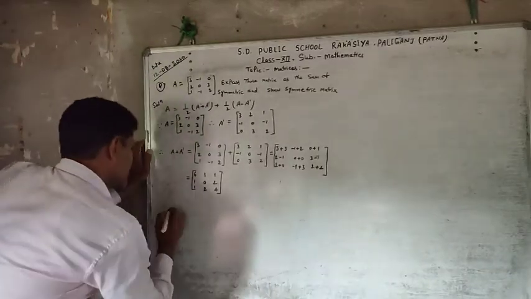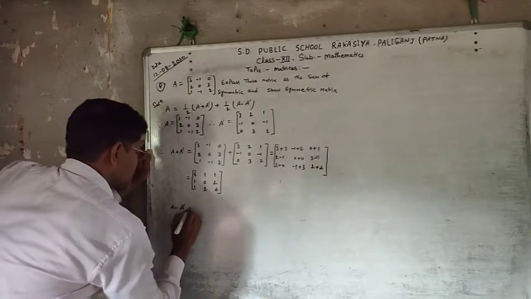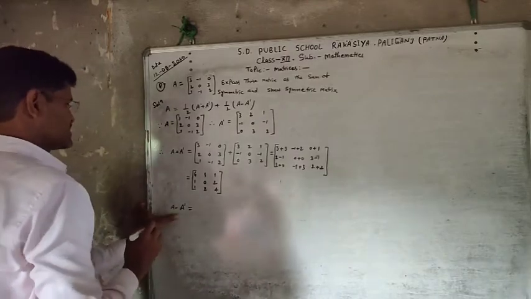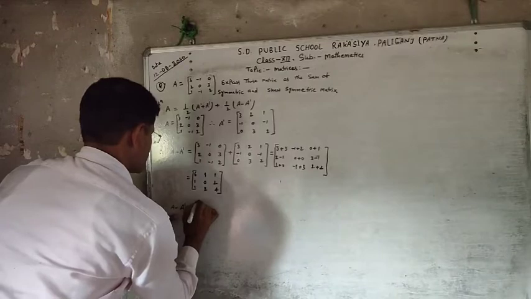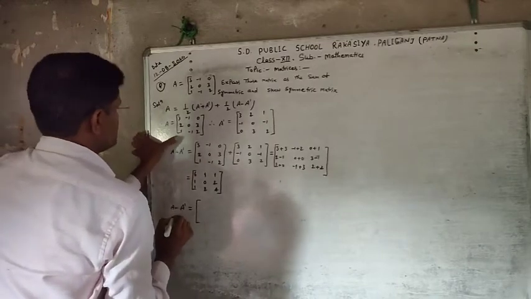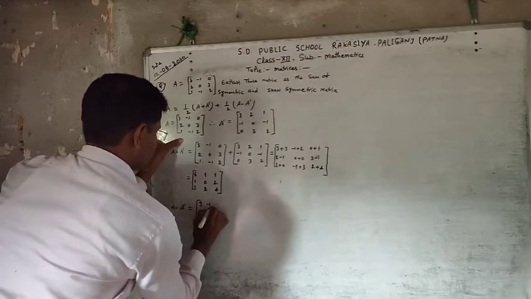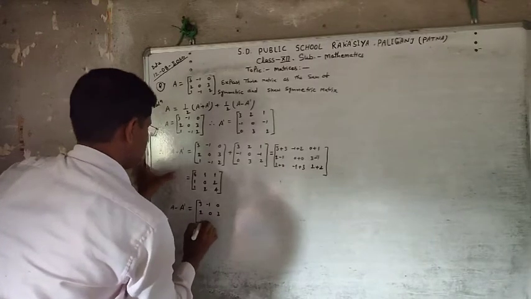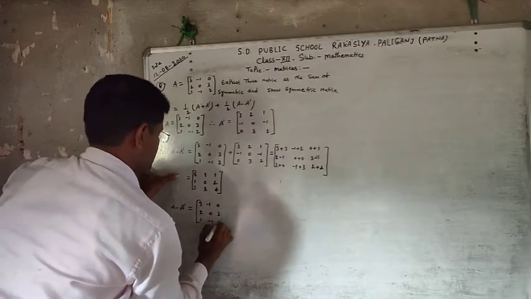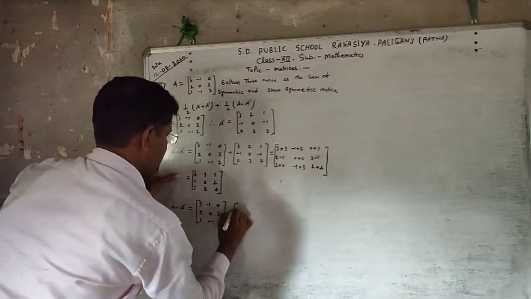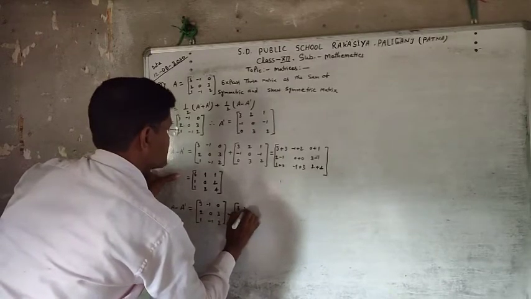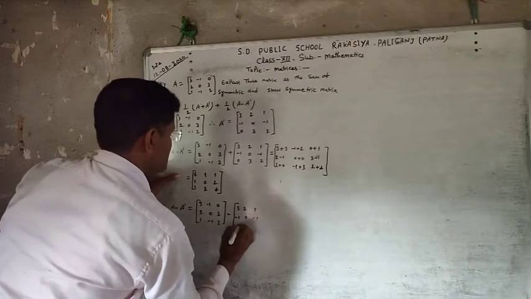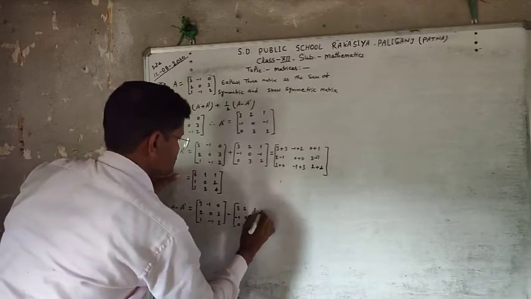Now we can find A minus A transpose. A minus A transpose is equal to matrix A [3, -1, 0; 2, 0, 3; 1, -1, 2] minus [3, 2, 1; -1, 0, -1; 0, 3, 2].